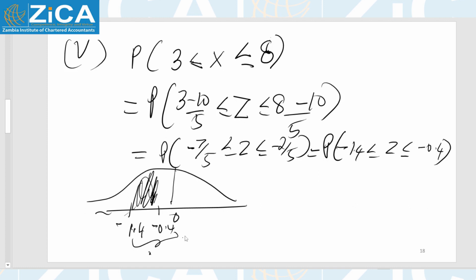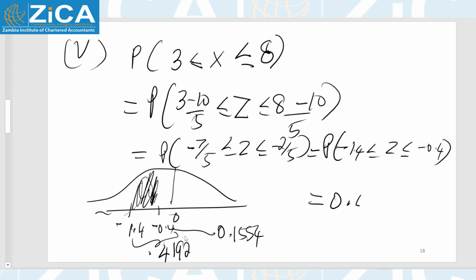You are looking at minus 1.4, I'm saying for the positive side, which is the larger value, this will give us 0.4192. Then the smallest value, which is 0.1554. So since they are on the same side, you subtract.